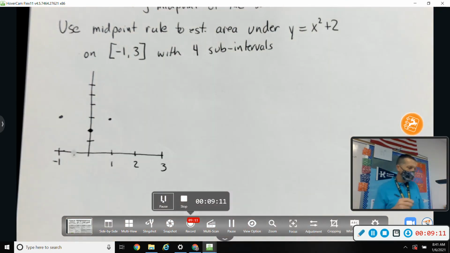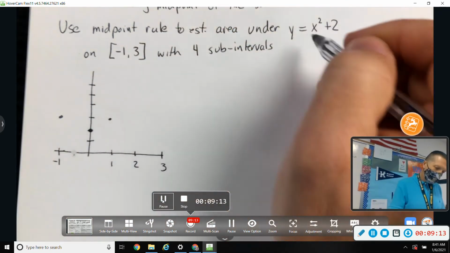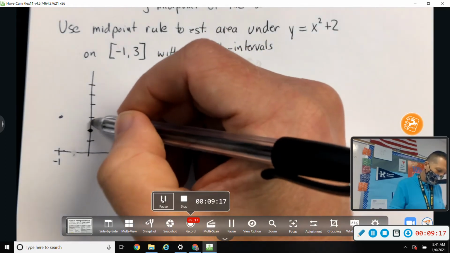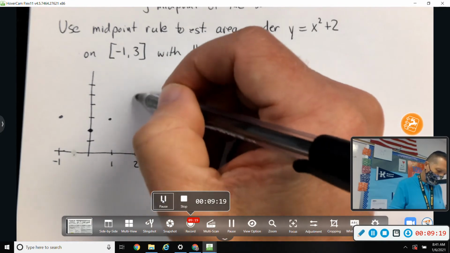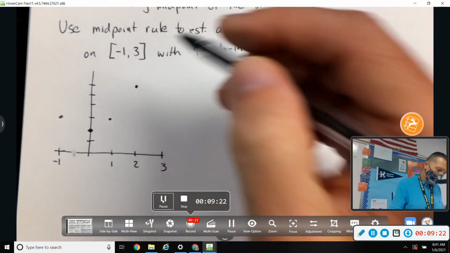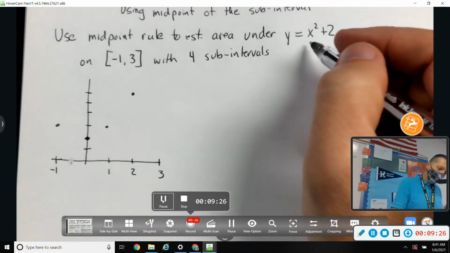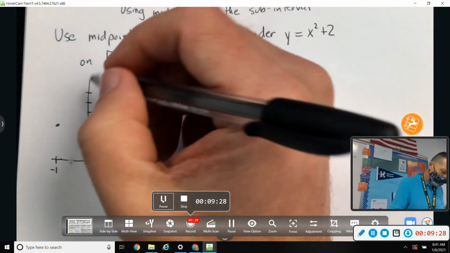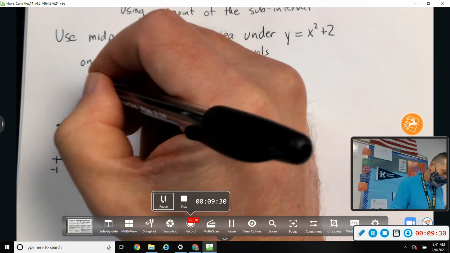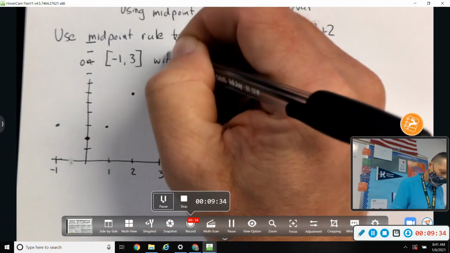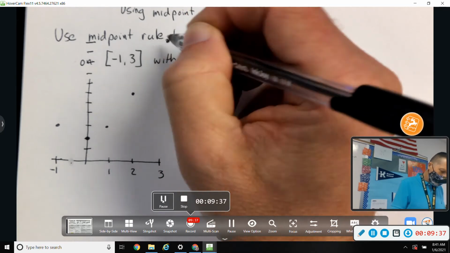I plug in 2, 2 squared is 4, plus 2 is 6. 1, 2, 3, 4, 5, 6. I plug in 3, 3 squared is 9, plus 2 is 11. 6, 7, 8, 9, 10, 11. Oh, poor planning. That's all right.